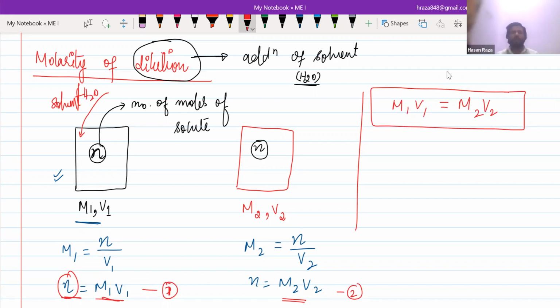It's very important to note this is the formula for dilution of a solution if you are going to calculate the molarity. So please write it. Then I'm going to give you a question on this, and then you'll get it.